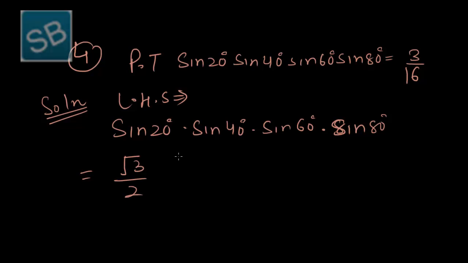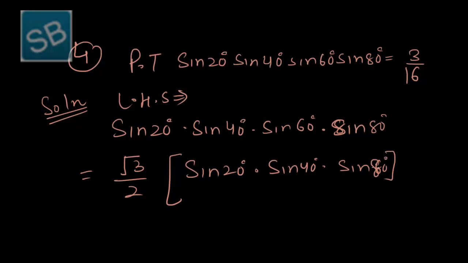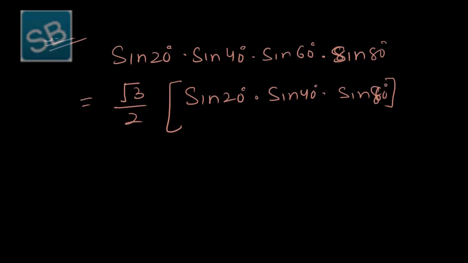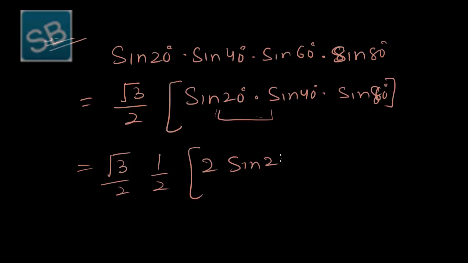Now the remaining terms are sin 20 degree into sin 40 degree into sin 80 degree. We can take any two values, so first of all we are going to solve these two terms. So we multiply and divide by 2. So we get 2 sin 20 degree into sin 40 degree into sin 80 degree.